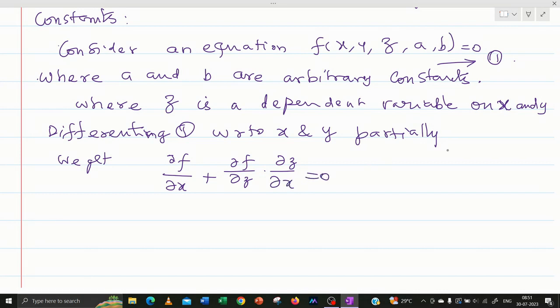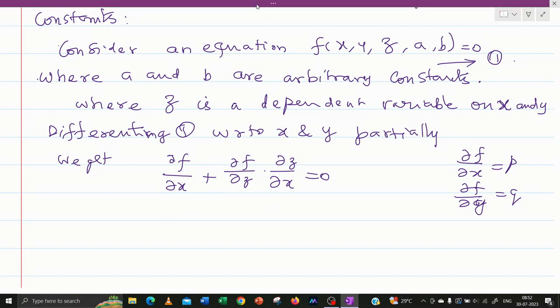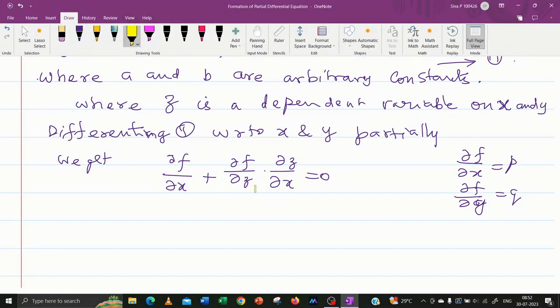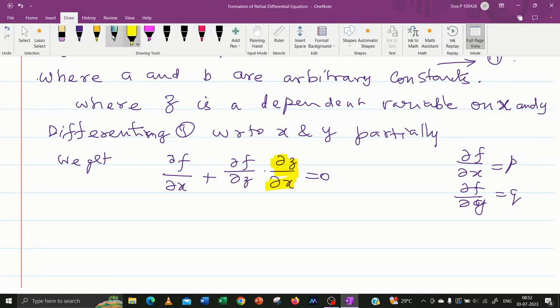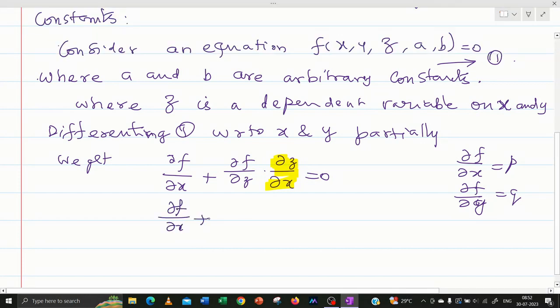You know the notation: dou z by dou x is small p and dou z by dou y is small q. Substituting p, we get dou f by dou x plus dou f by dou z into p equal to 0. It is equation number 2.